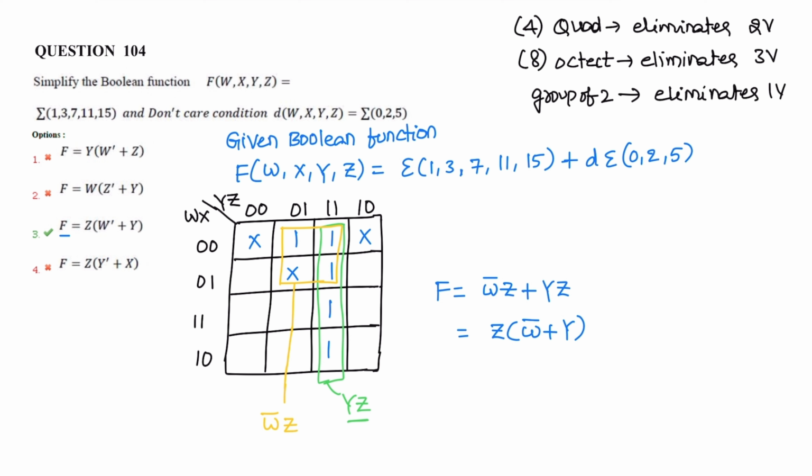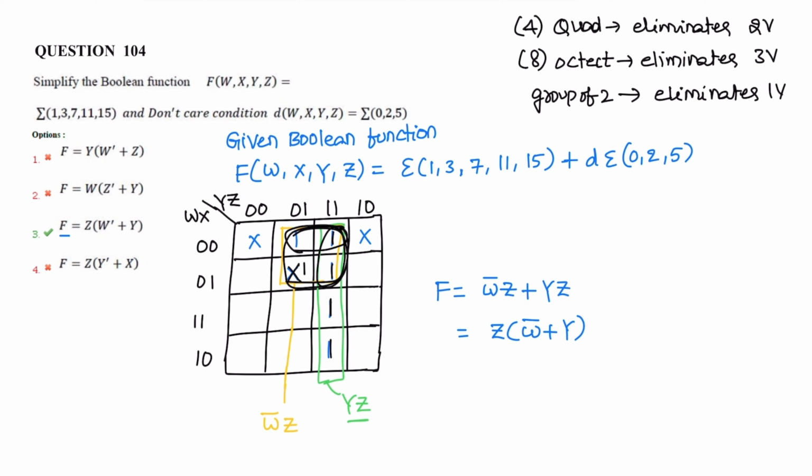So here, all the 4 ones in the vertical line will form a quad. So it eliminates 2 variables and the resultant expression is yz. Similarly, we will treat the don't care condition value as 1, so that it will result in an octet. Again, it will result in a quad. The quad eliminates 2 variables.